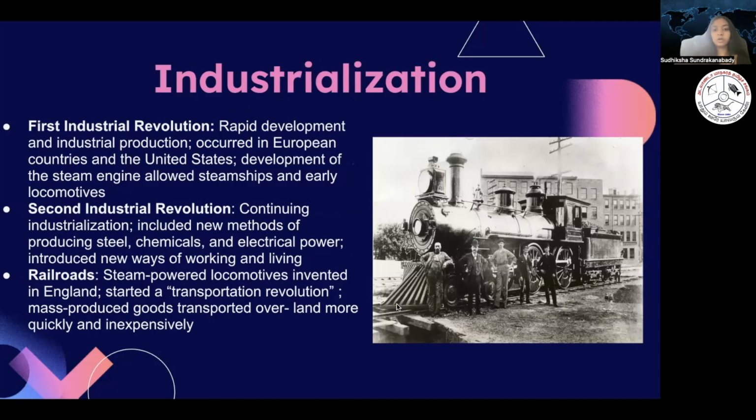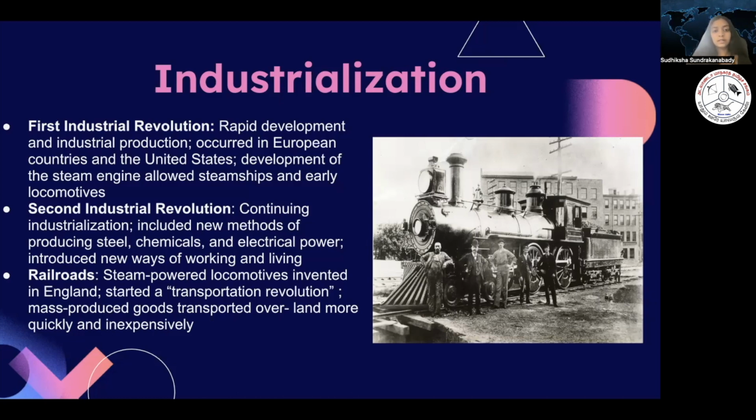This allowed steamships and early locomotives to be built, and allowed for cheap and efficient transportation. People could commute easily from their jobs, and it overall changed the way that people worked. More wealthy, high-class people moved to rural areas, and people of lower status moved to urban cities to be closer to work.